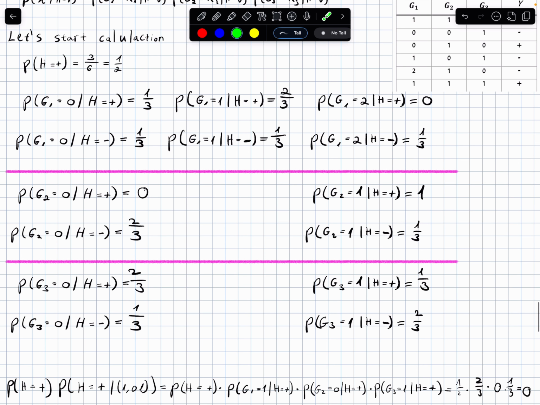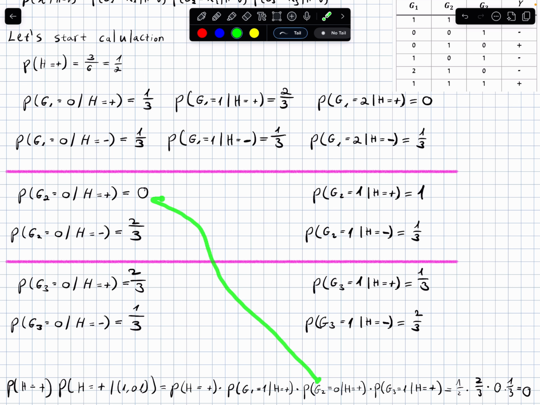So this is the value, okay, g equal 1 and h is plus. Now g2 is 0, okay, and h is plus, which is 0.